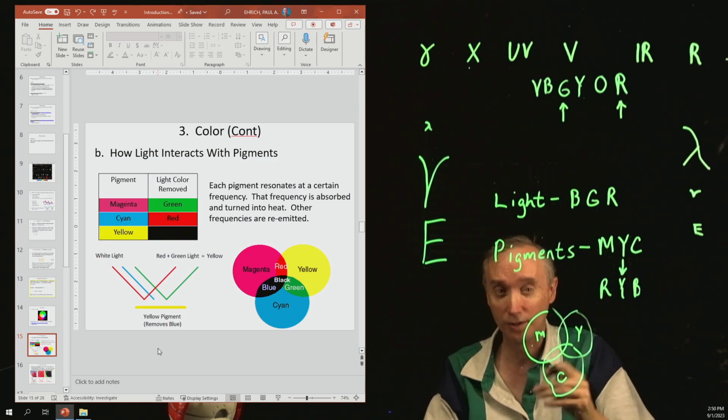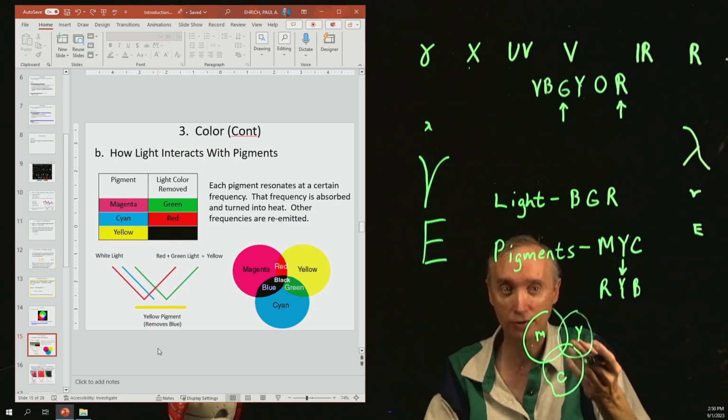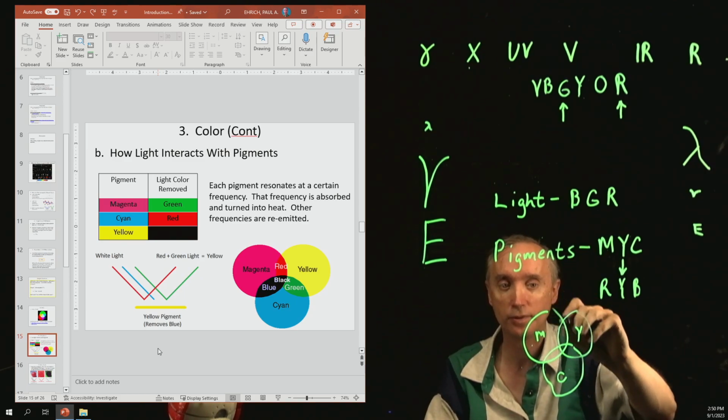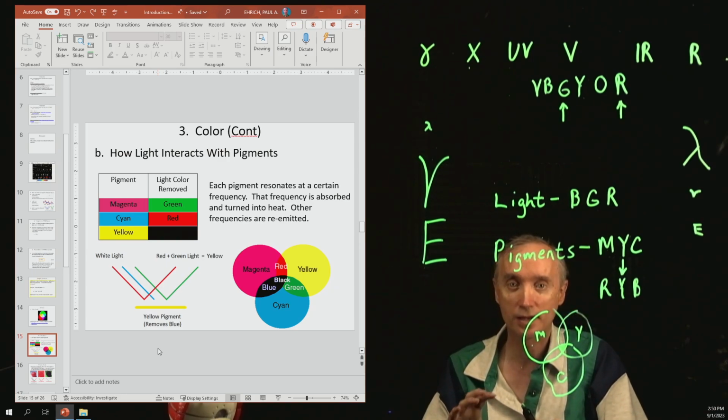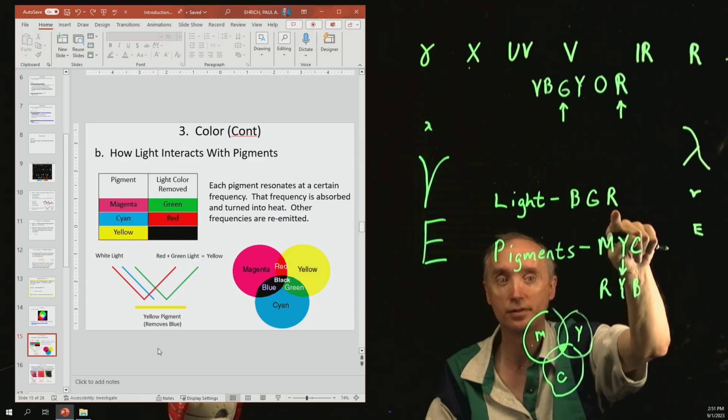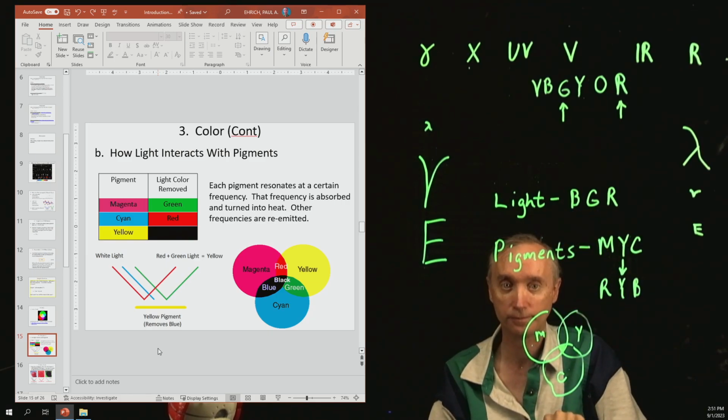Well, when you did it in elementary school, you got kind of a brownish color, but you really should have gotten black. So magenta plus cyan plus yellow makes the color black. Notice it's the exact opposite of what happened when you added the three light colors together.